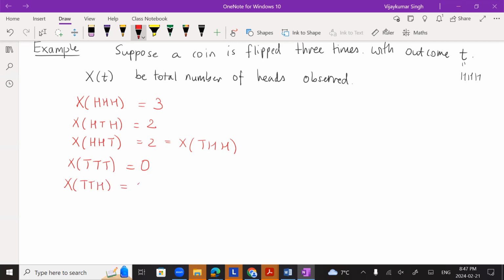It is the same as X of HTT, and then we have THT. These are all the same values, right? Do you agree with that? Okay, makes sense? Yeah.